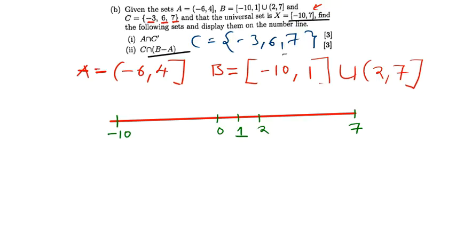So let's try to show our set B. So negative 10 is included, and then up to 1. 1 is equally included by the brackets.